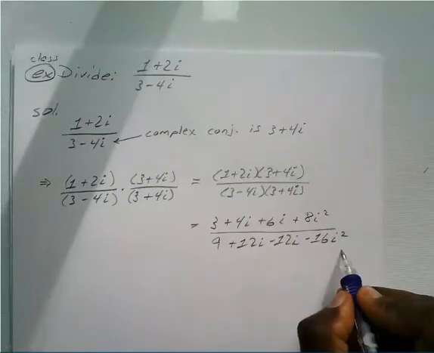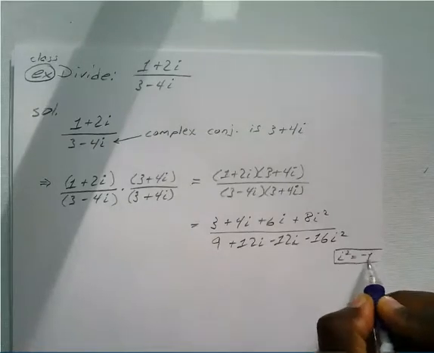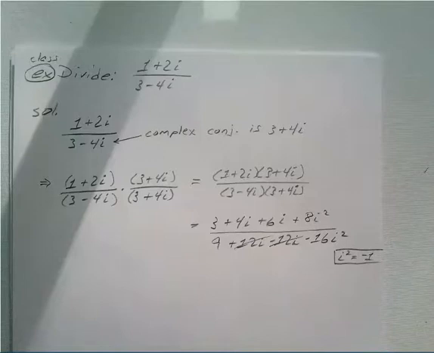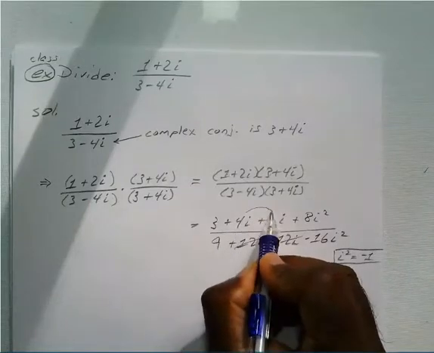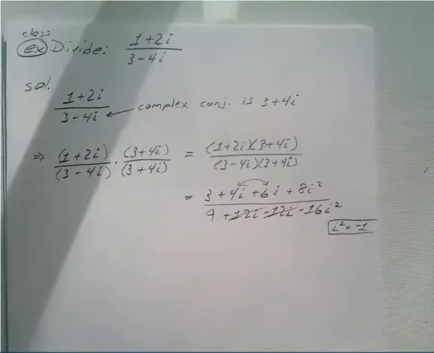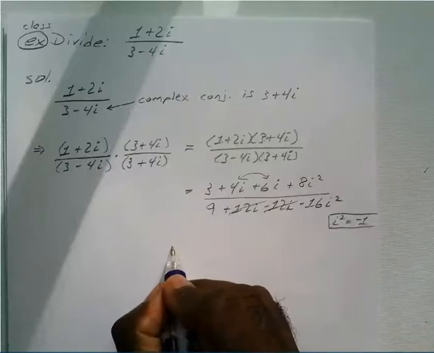Okay, now for both of these, we know that i squared equals negative 1. In our denominator, those two cancel out. In our numerator, we can just combine those two i terms.